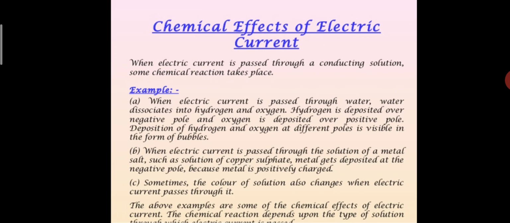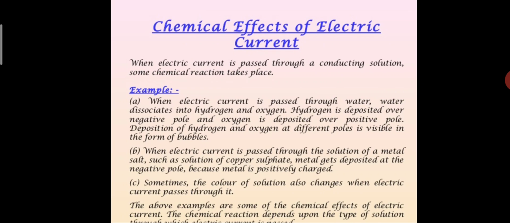We all know that positively charged and negatively charged particles are present inside atoms. The positively charged particles are called protons and the negatively charged particles are called electrons. After that, we have to know about the direction of electric current.